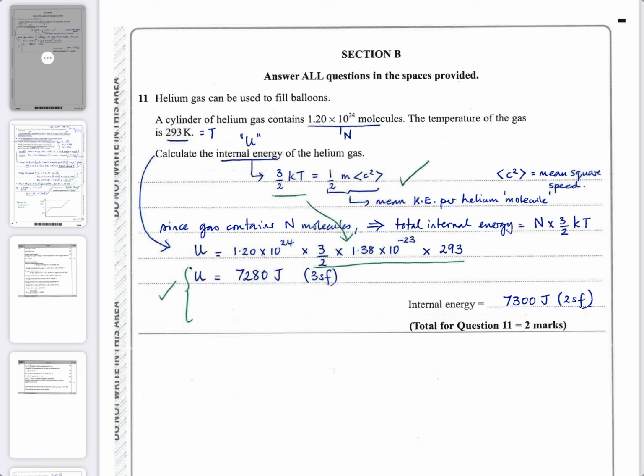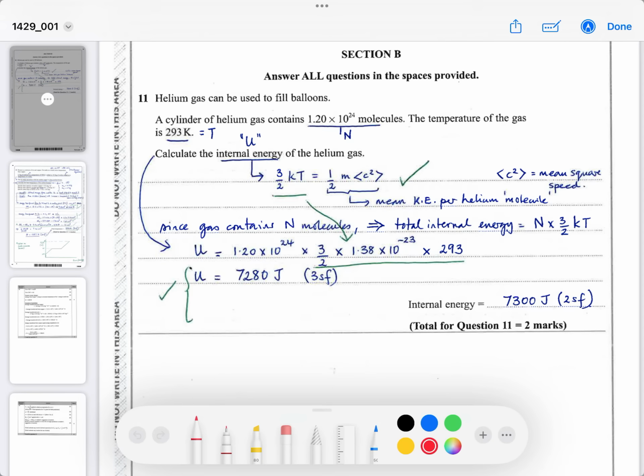All right, so they want you to calculate the internal energy. Now, in A level, they don't tend to give internal energy the correct letter, I've noticed. The correct letter, as far as I'm concerned, is U. So here I've put U as the internal energy. Internal energy is basically related to the kinetic energy of the particles, as well as potential energy, because particles, atoms or molecules also have potential energy between them.